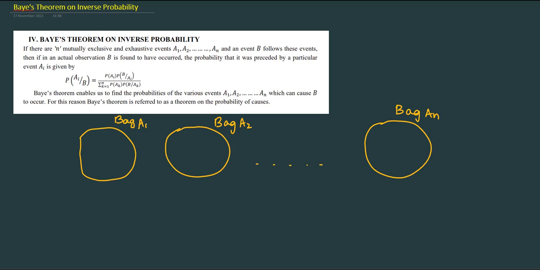Let us say this one has 3 red, 5 blue. This has 4 red, 4 blue, and this has 8 red and 3 blue, something like that.